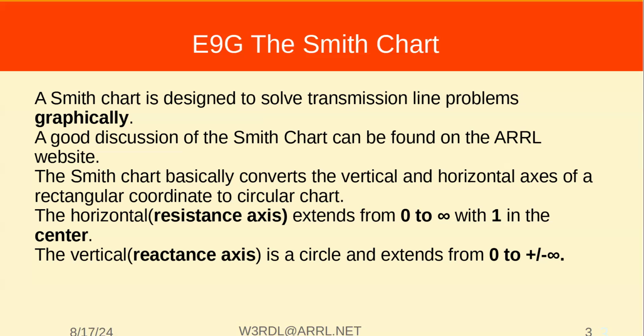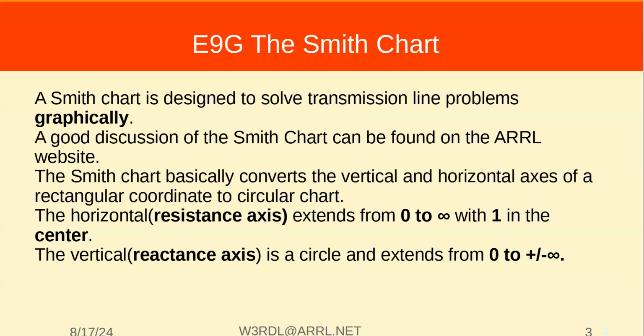Well, that's all he did, was curve the reactance axis, which is the vertical, so that all those points meet at infinity out at the end. And then any line that would have been parallel to the real axis now becomes a curve going back to infinity. And any vertical line along the real axis now becomes a circle back where its reference point is at infinity. And that's how you make a Smith chart.